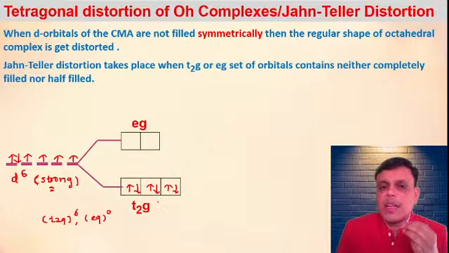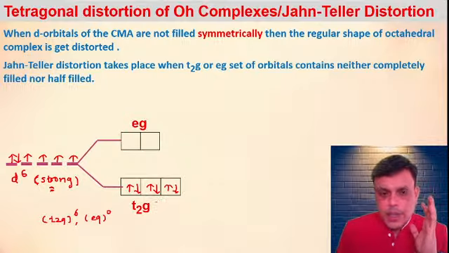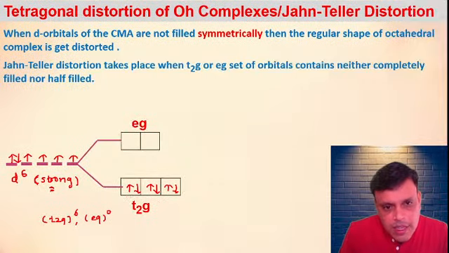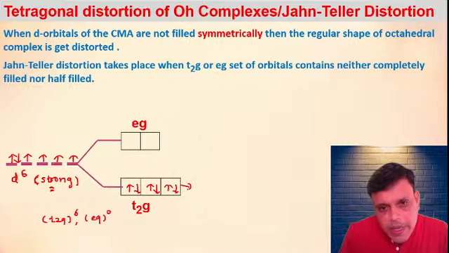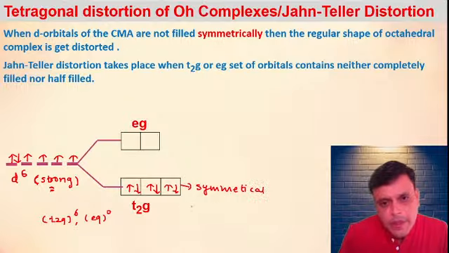So 3 orbitals can occupy 6 electrons. So if this is the condition, then it is called symmetrical filling of electrons.